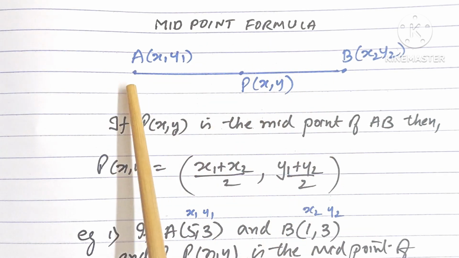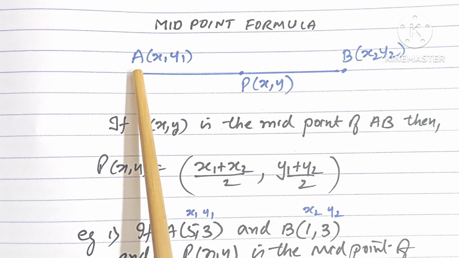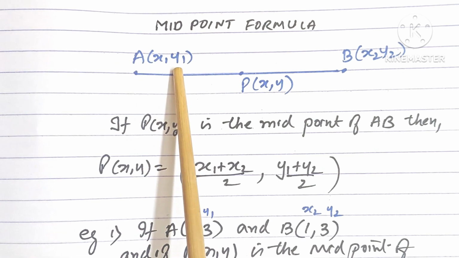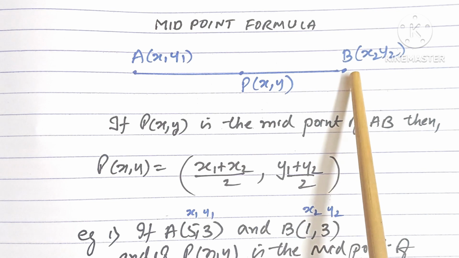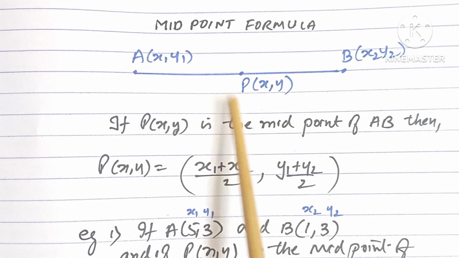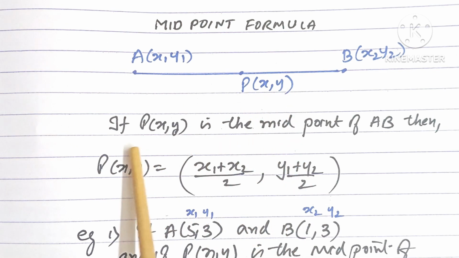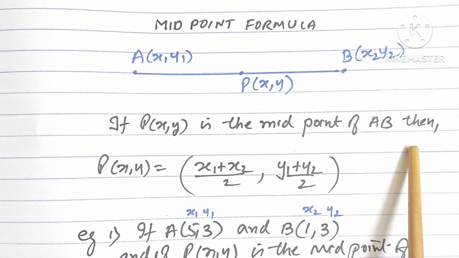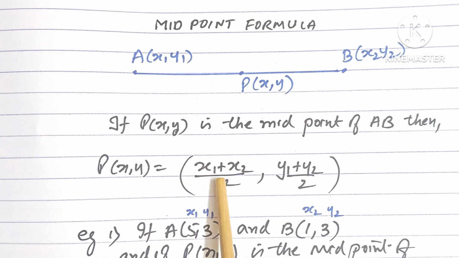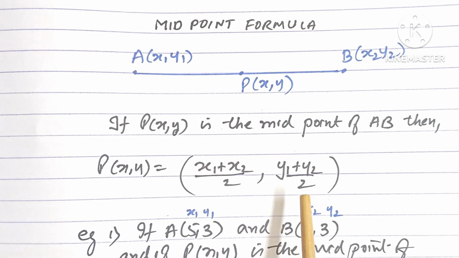Now consider a segment AB with endpoints A and B. If the coordinates of A are x1, y1, and the coordinates of B are x2, y2, and if P is the midpoint of segment AB and the coordinates of P are x, y, then the coordinates of P will be equal to (x1 plus x2) by 2, (y1 plus y2) by 2.